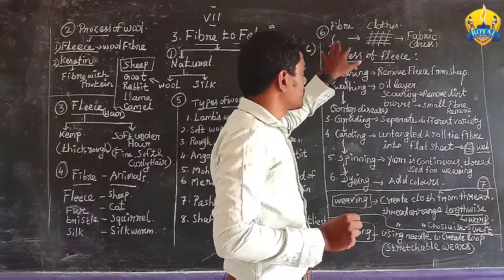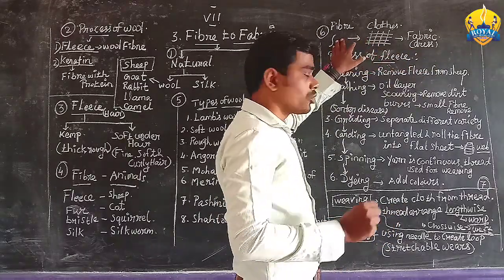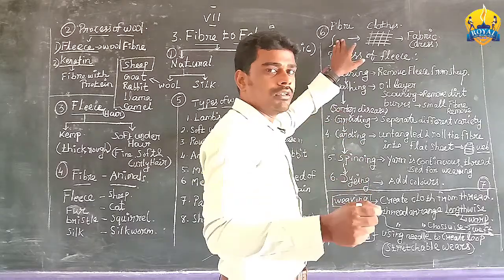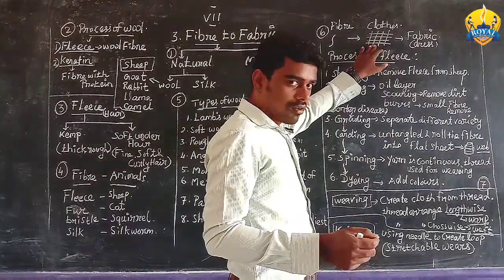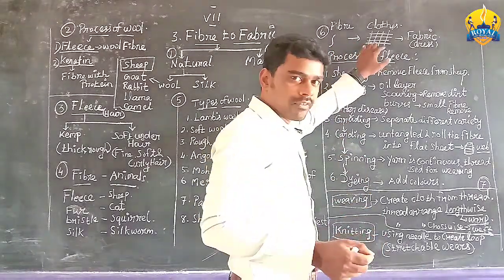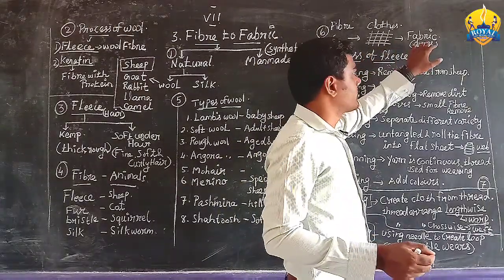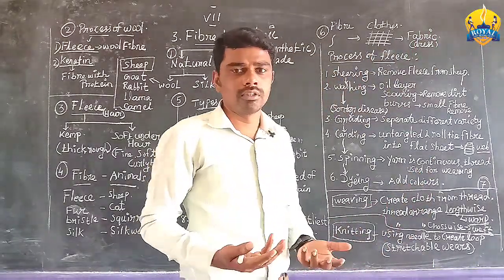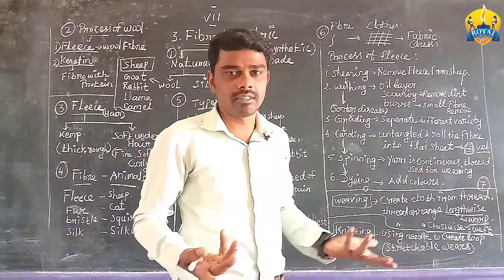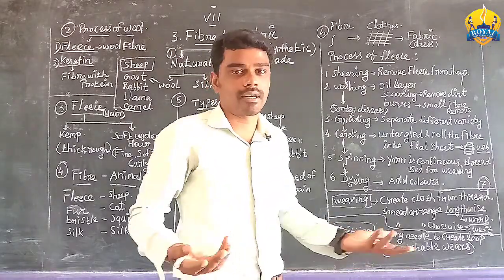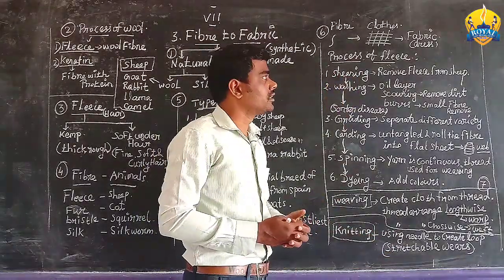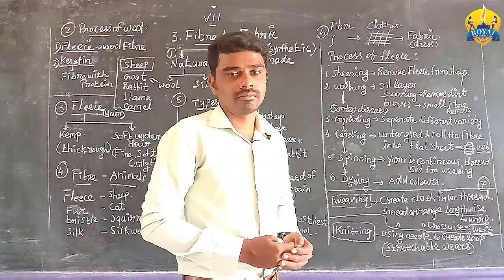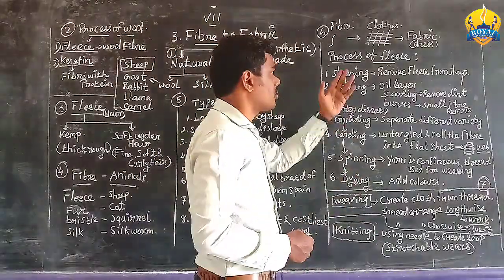From a number of fibers combined, weaving together, produces cloth, and afterwards the fabrics and dresses are formed: shirt, shawl, kurta, towels, kerchiefs, etc. So these are all fabrics or dresses. How are they formed?